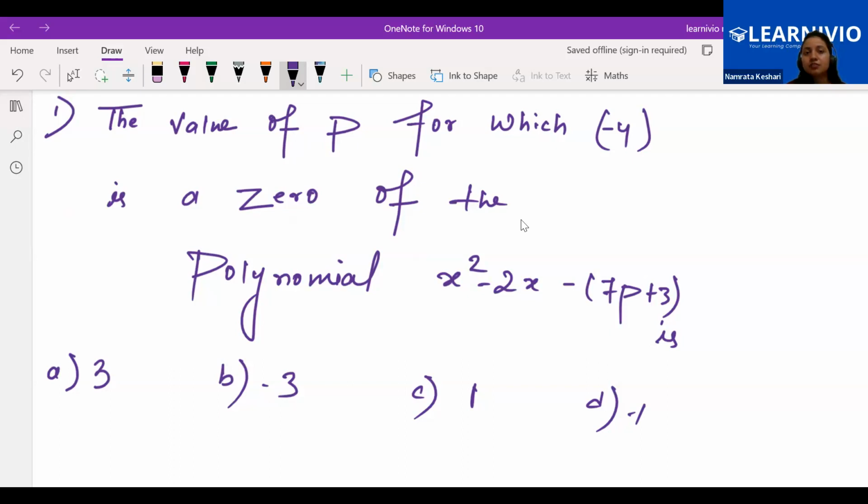The value of P for which -4 is a zero. This is a quadratic polynomial. Here 2 zeros will be there, right? One of the zeros is given as -4. Try it and let me know how to do it.